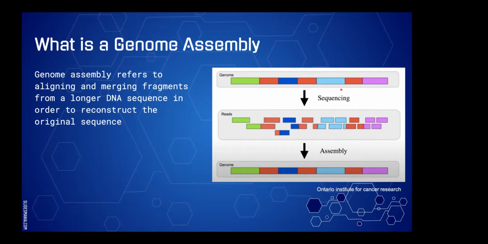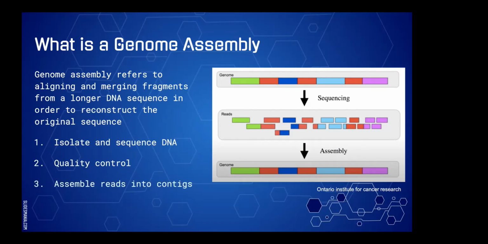that original genome. To briefly explain the construction of genomes, first you're going to isolate and sequence your DNA, followed by number 2, a quality control step, where you clean your reads by doing things like removing erroneous sequences. Then number 3, your assembler program will assemble your reads into contigs, which are contiguous sequences.